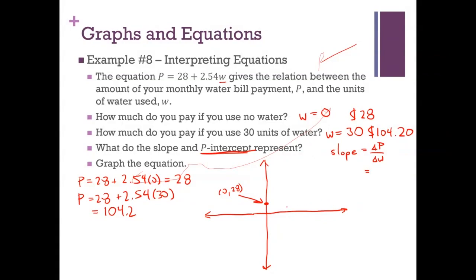So what are the 2 points that I gave here? 0, 28 and this other point at 30, 104.2, and then this line joins them. What is the slope of this line?